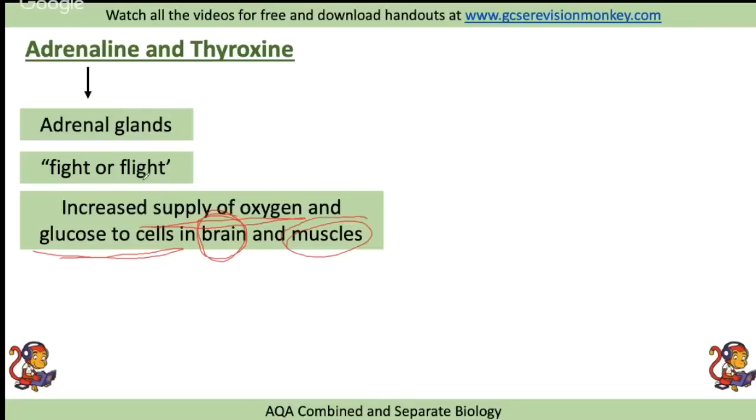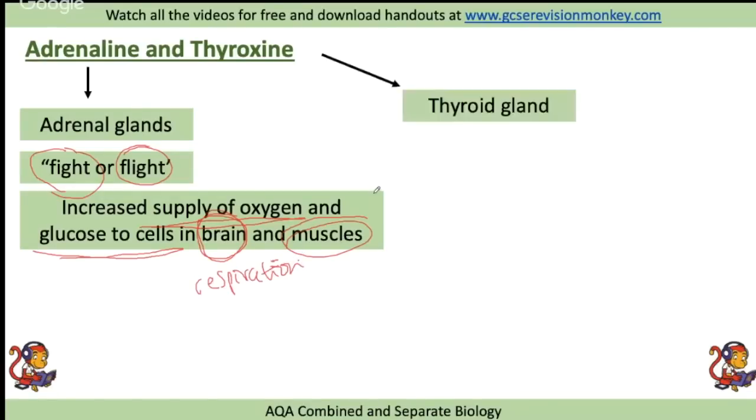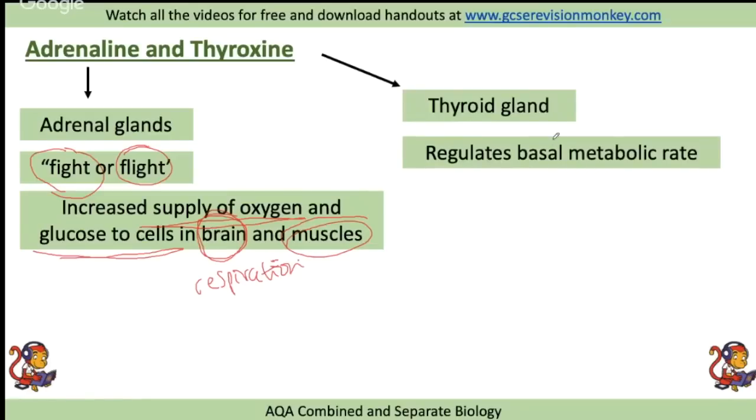So if you're scared, your response may well be to fight or may well be flight, to run away. But either or, you get an increased supply of oxygen and glucose to your cells in the brain and muscles for obviously respiration. Thyroxine is produced by the thyroid gland, and that controls your basal metabolic rate, so your resting metabolic rate.